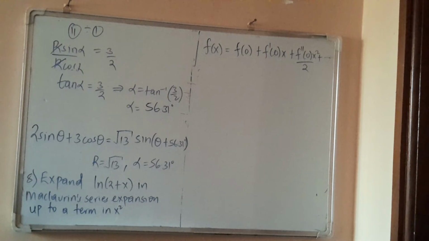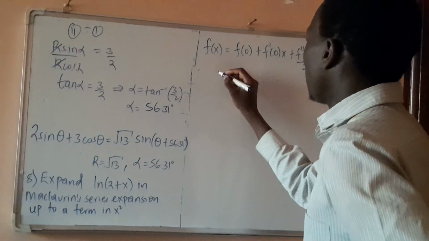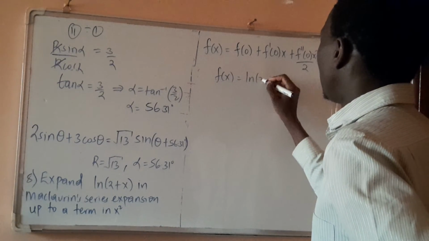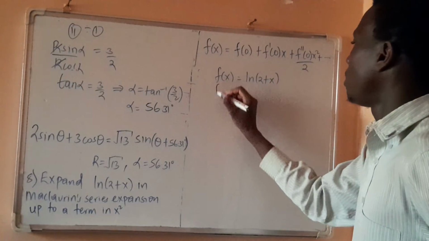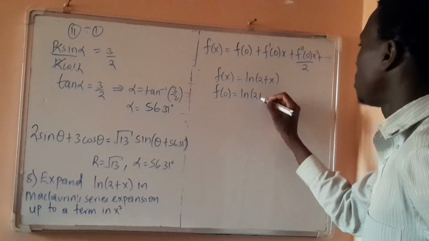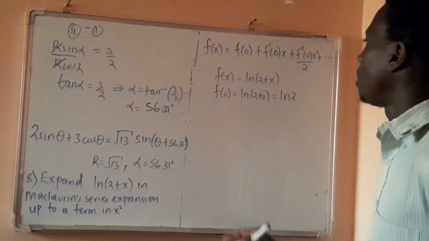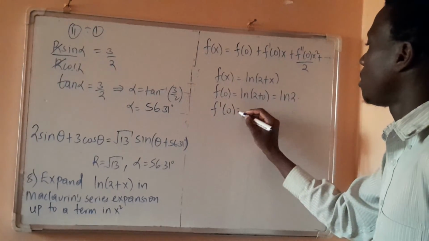It is provided. Now our function f of x is natural logarithm of 2 plus x. So we want f of 0, where there is x, we put 0. F of 0 is actually natural logarithm of 2. We also want f'(0).